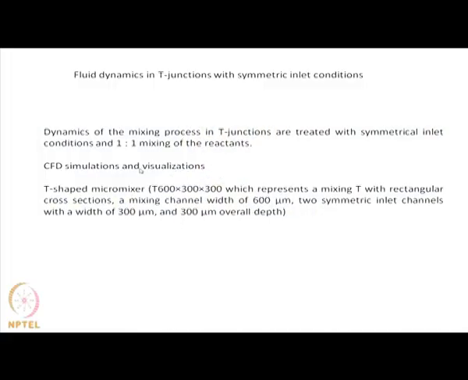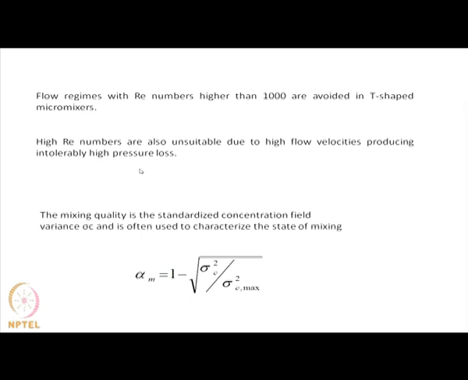Okay. Next, as I was mentioning about the different ranges of Reynolds number, for example, Reynolds numbers higher than 1000 are usually avoided in T-shaped micro mixers, as they lead to very high pressure losses, and that kind of pressure loss cannot be sustained in most microfluidic devices.